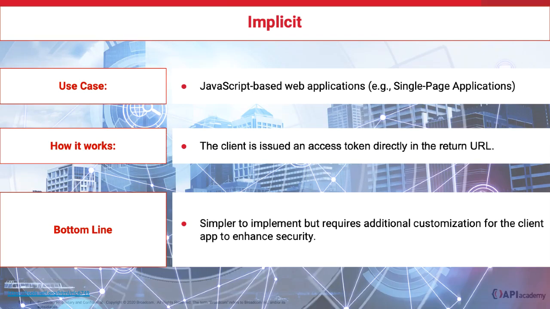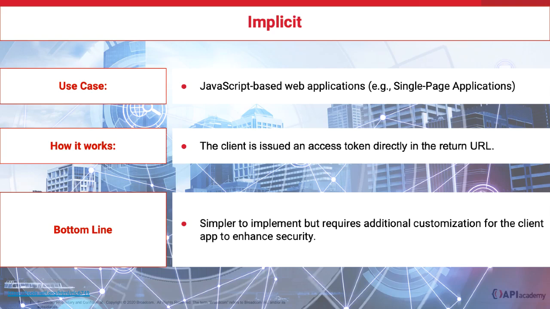In the implicit flow, instead of issuing the client an authorization code, the client is issued an access token directly. The grant type is implicit, as no intermediate credentials, such as an authorization code, are issued. The authorization server does not authenticate the client.